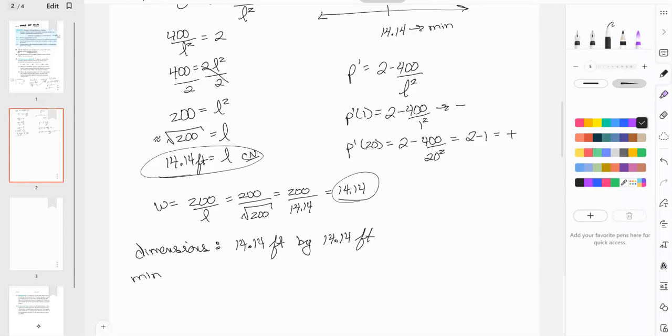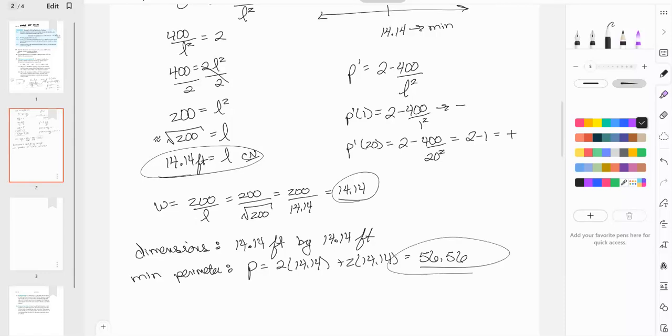And that minimum perimeter would be 2 times the length plus 2 times the width. And I got a 56.56.